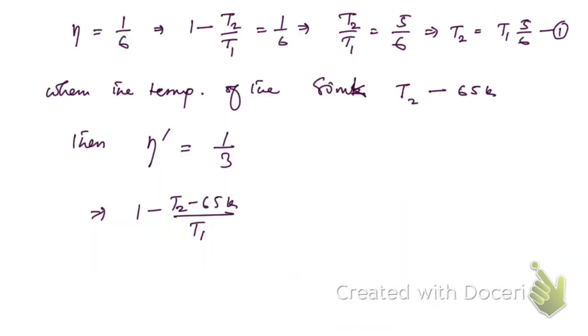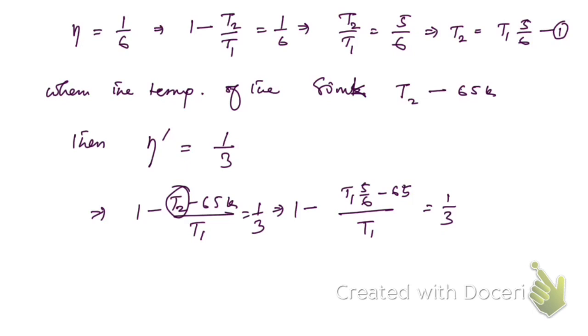Now here you see, let's replace this T2 by this value. Then what we're gonna have? We're gonna have 1 minus (T1 into 5 by 6 minus 65) divided by T1. Sorry, I missed that, it is equal to 1 by 3.